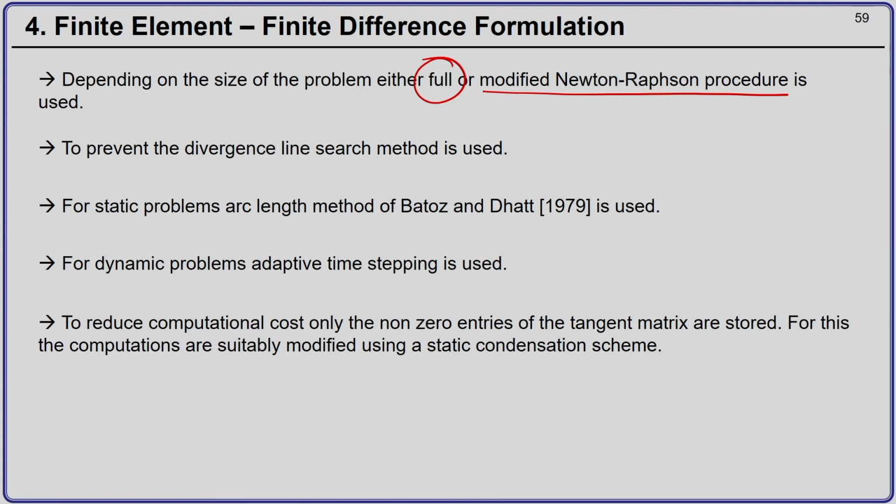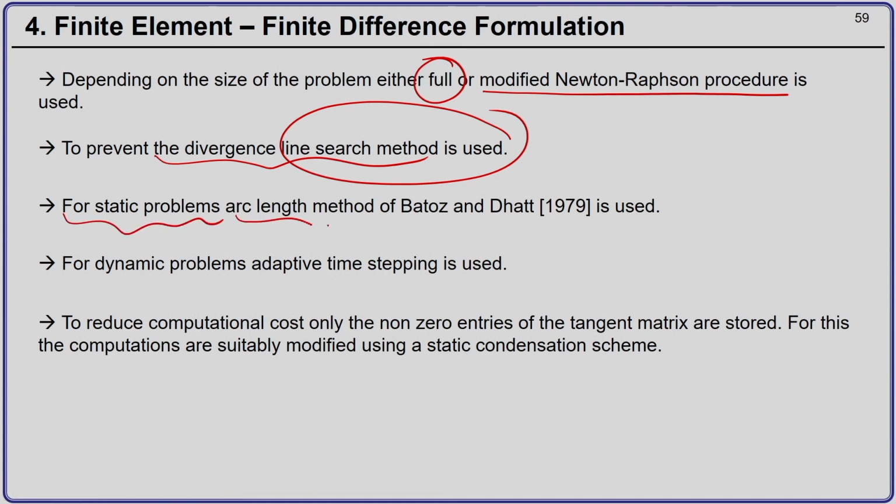And if the Newton-Raphson procedure experiences some kind of divergence, we have to incorporate some line search method. So, we have to handle that divergence. For static problems dominated by specified displacements, not forces, we have to use what is called the arc length method. And in this formulation we use the arc length method proposed by Bathe and Dvorkin in 1979.